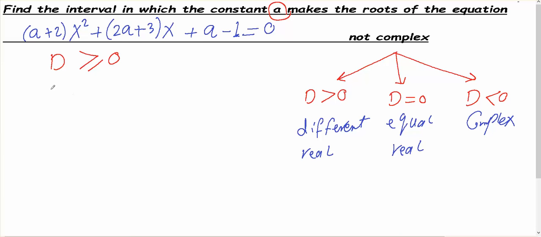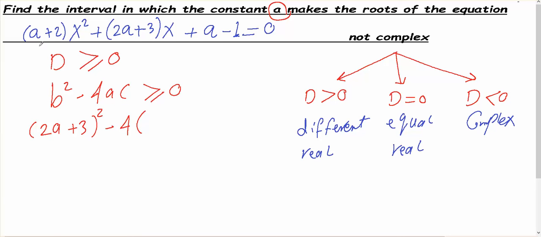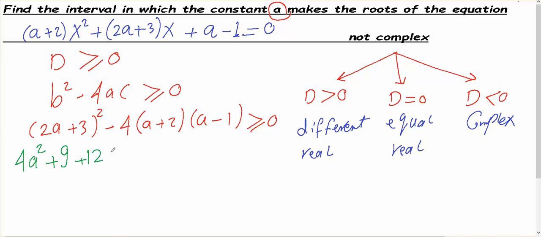Discriminant greater than or equal 0: b squared minus 4ac greater than or equal 0. b is the coefficient of x, 2a plus 3, all power 2, minus 4 times a plus 2, the coefficient of x power 2, times c, the absolute term, a minus 1, all of this greater than or equal 0. 2a plus 3 all power 2: first power 2 equals 4a power 2, second power 2 equals 9, first by second by 2, 2a times 3 is 6a, times 2 is 12a. Now multiply a plus 2 and a minus 1.